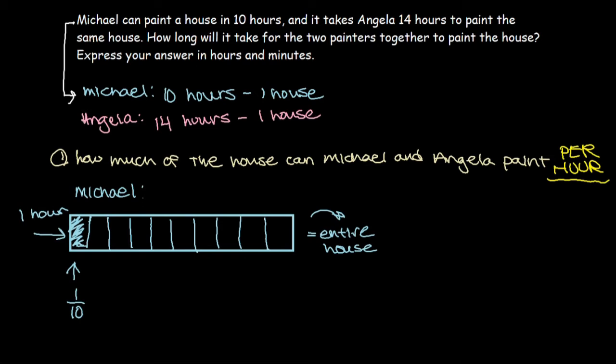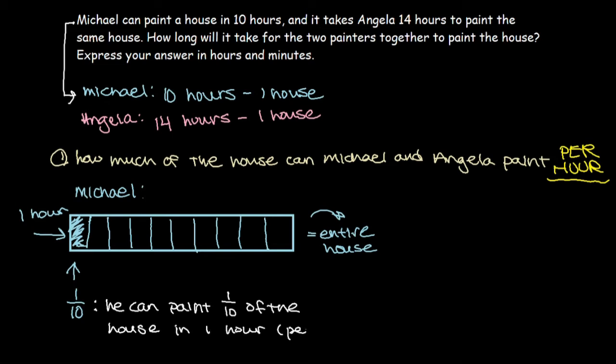So what this is telling me is that Michael can paint 1/10 of the house in 1 hour, or you can just say per hour. And this is shown here because 1 hour represents 1 block. So he can paint 1/10 of the house per hour. We already figured out how much of the work Michael can do per hour.